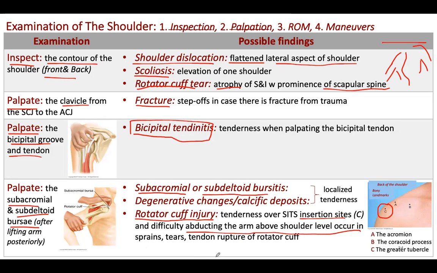This injury can be a partial tear, a total tear, or an inflammatory condition affecting one or more of these four muscles. So tenderness at point C, together with inability to abduct the arm above the shoulder, can diagnose rotator cuff injury, as we're going to see in a few minutes.